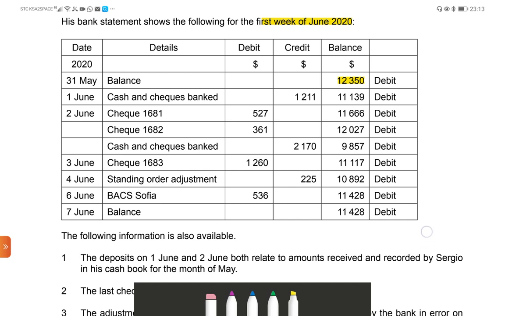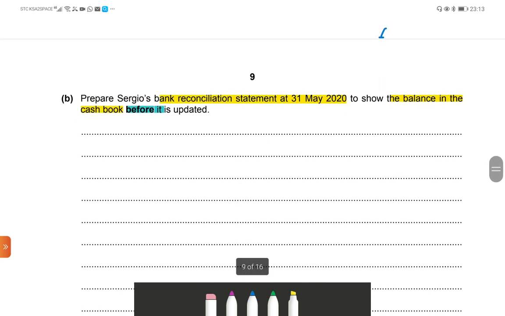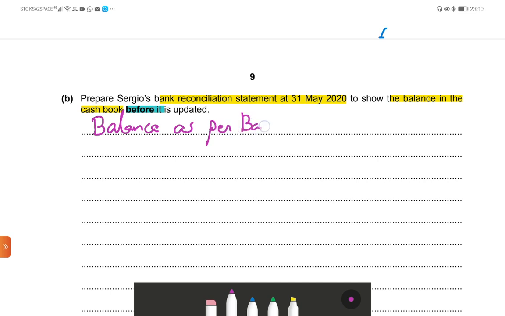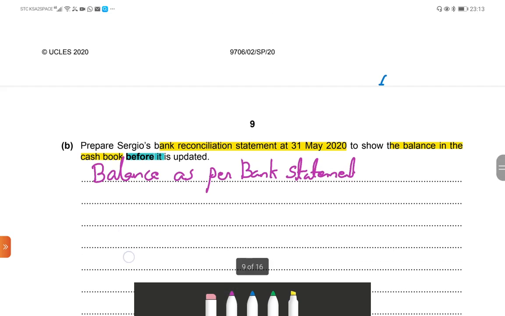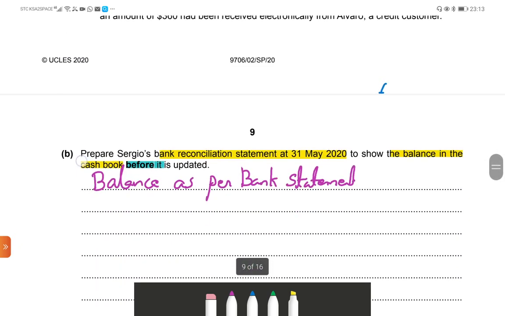So we put it in brackets: balance as per bank statement, 12,350.